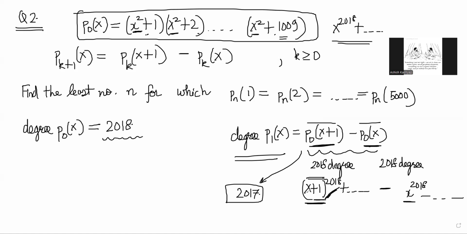The coefficient here for the 2017 term will be 2018 x power 2017, right? Correct. And P0 of x doesn't even have that. P0 of x's next term will be 2016, right?